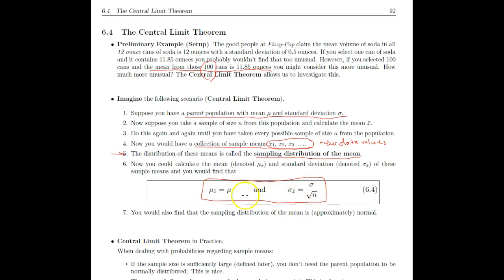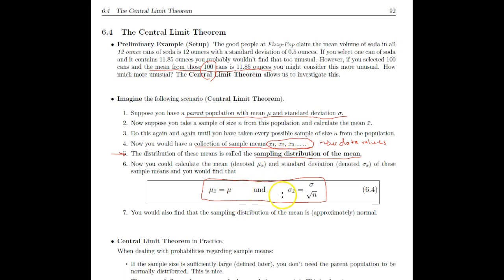They basically say that the mean of these sample means is actually going to turn out to be the population mean. And if you think about that, that may make sense to you, but that's a fact.